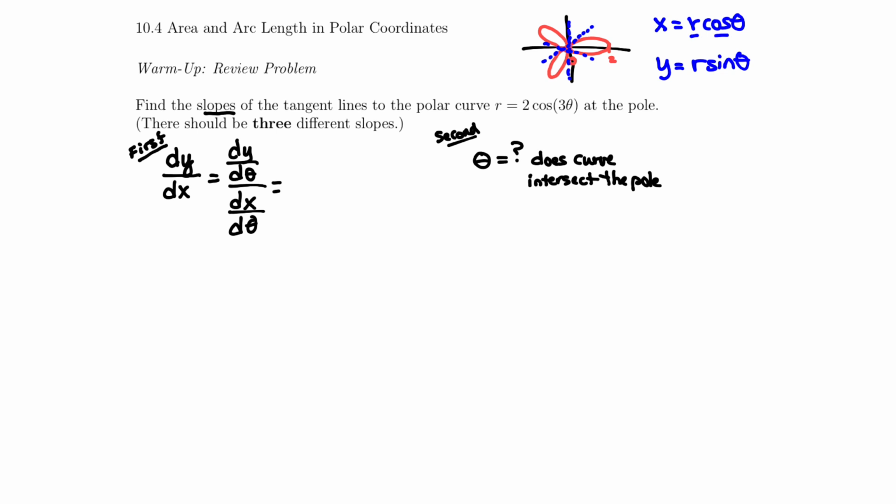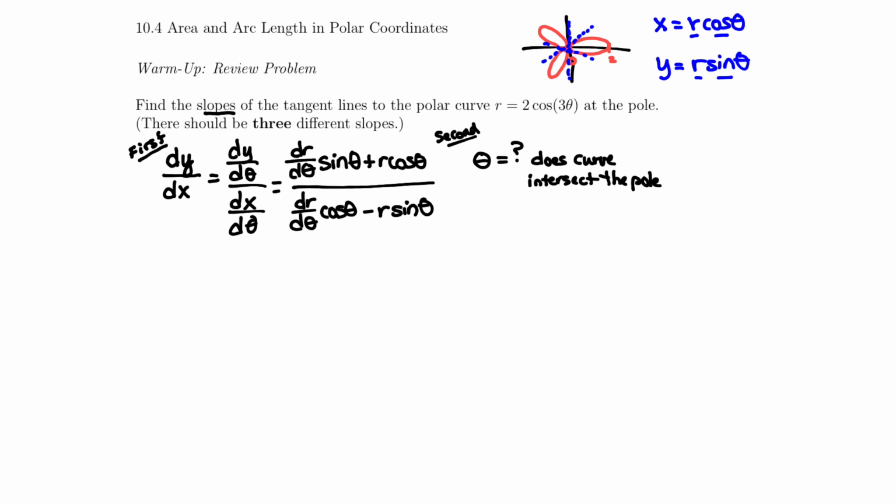That means we have a product rule going on, and we derived last time this formula. We said that's equal to dr d theta sine theta plus r cos theta, over dr d theta cos theta minus r sine theta.